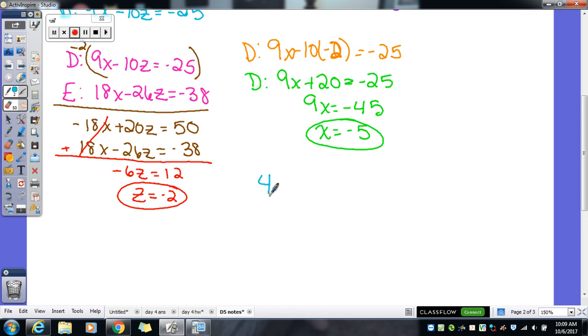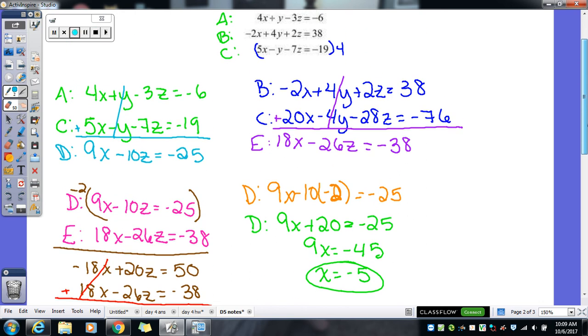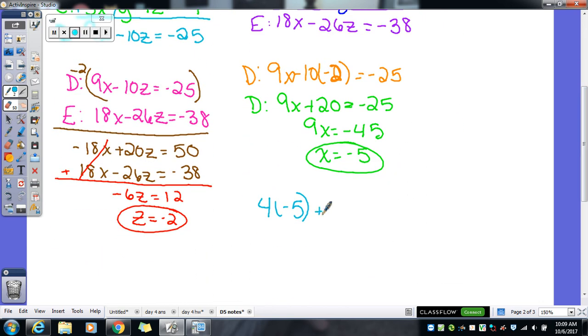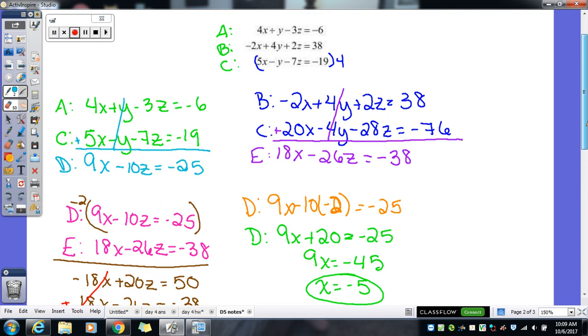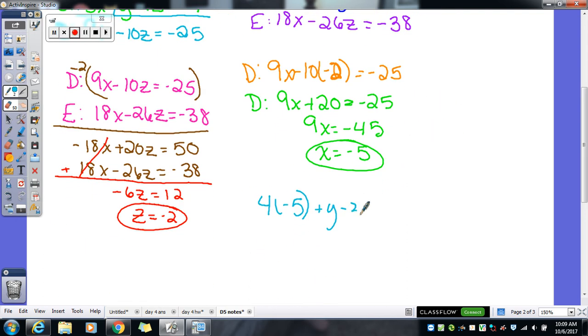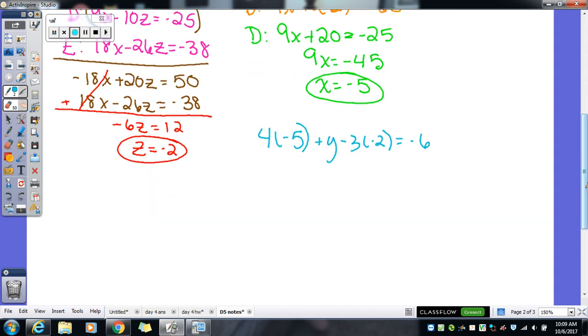So 4 times negative 5, plus y, minus 3 times negative 2 equals negative 6. That gives me negative 20 plus y plus 6 equals negative 6. So that gives me y minus 14.